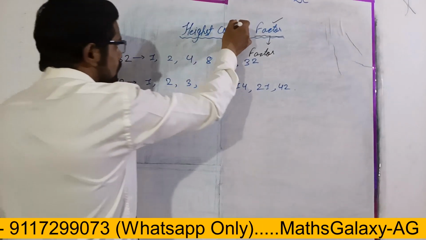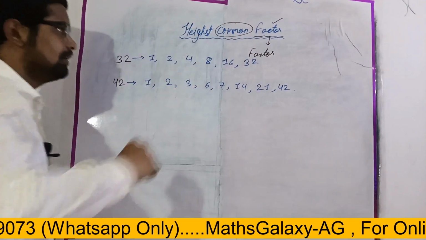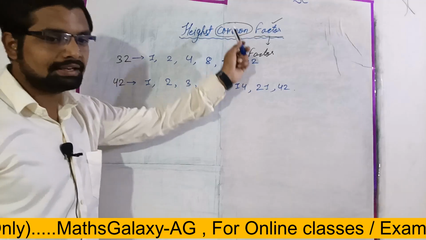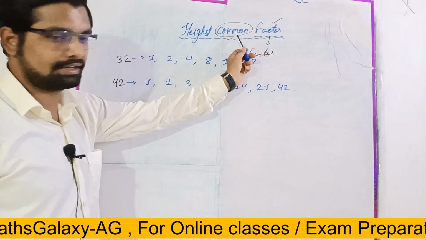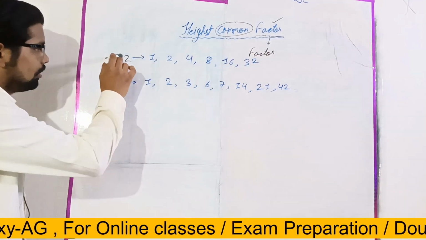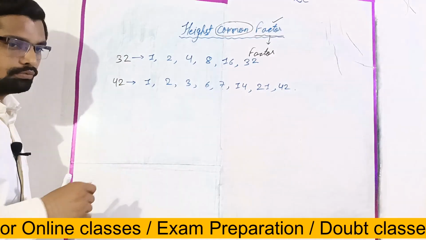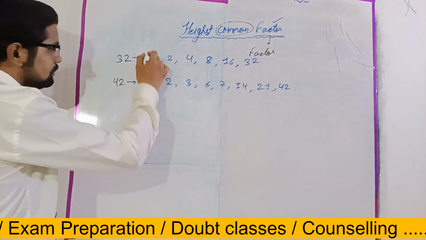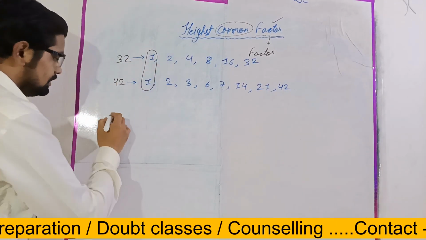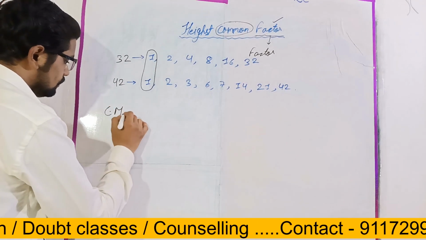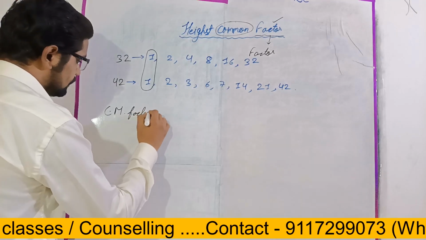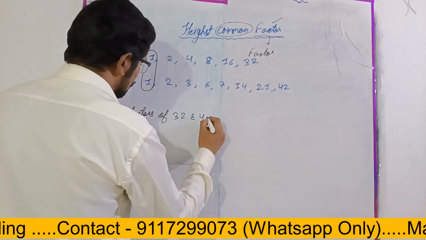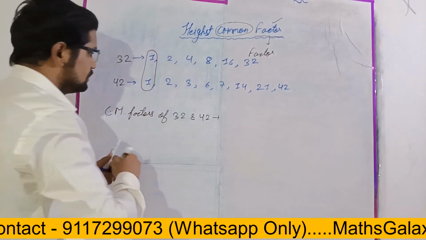Now come to the word common. Here it is saying we have to see the numbers which are common factors in these two. What are the common? As you can see here, the first one is 1. Next, here we will write the common factors of 32 and 42. What are they? So they are 1.